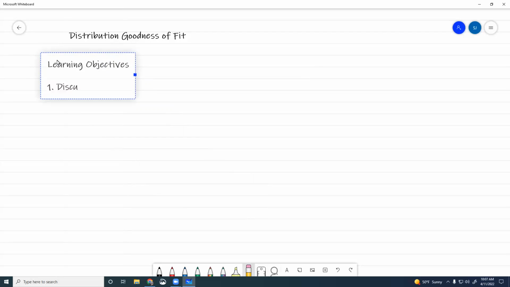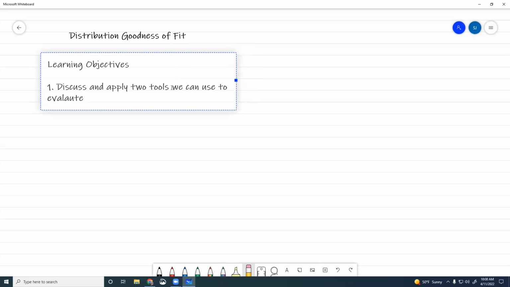We're going to discuss and apply two tools we can use to evaluate how well the distribution, we'll say, fits our data, or vice versa.